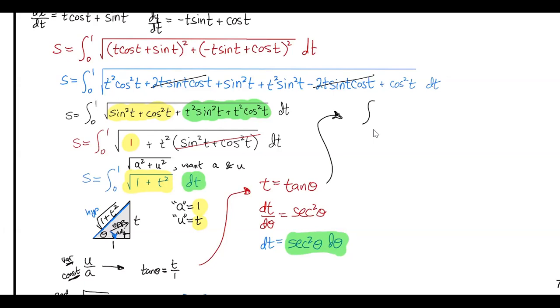We'll have to bring back the 0 and 1 later on, but it's going to be secant theta times secant squared theta d theta. All right, secant theta times secant squared theta d theta, which becomes secant cubed d theta, if you want to clean it up.